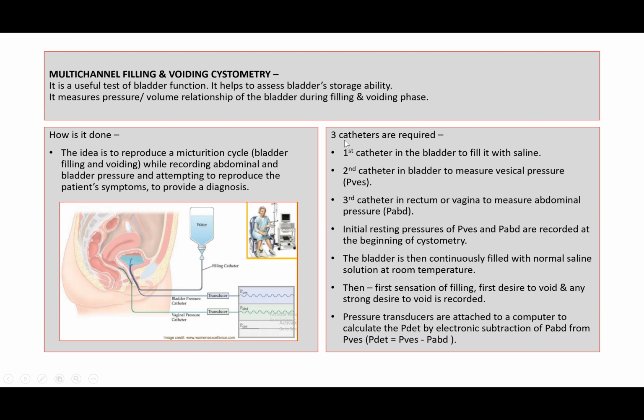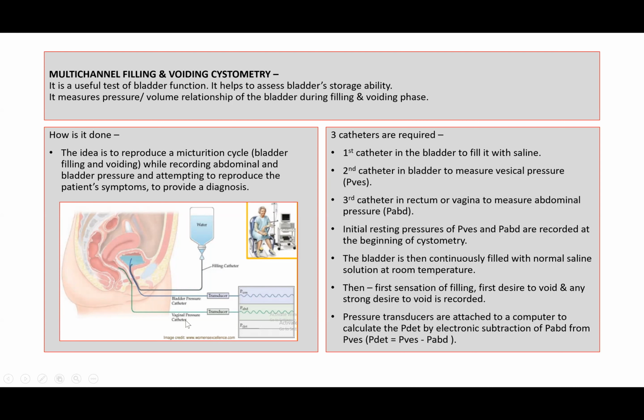Now, how is it done? Three catheters are required. You can see here, this is the filling catheter, the first catheter. This will fill the bladder with saline. Then there is a second catheter, which is inserted in the bladder to measure the bladder pressure, the vesical pressure.